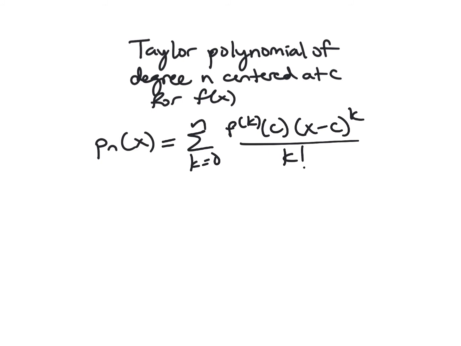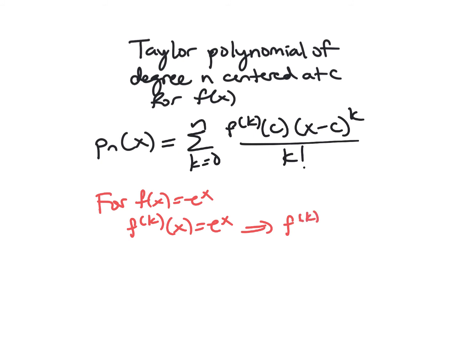So let's see that this was really what was going on with e to the x, right? For f of x equals e to the x, the kth derivative is always e to the x, right? And so when we were centered at 0, all of these kth derivatives were 1. And so that's why we were getting 1 there. And so we were just getting x to the k over k factorial, right? Because c was 0.